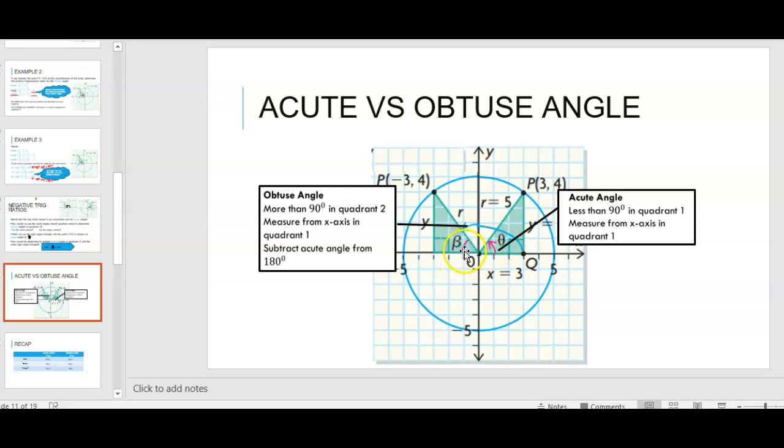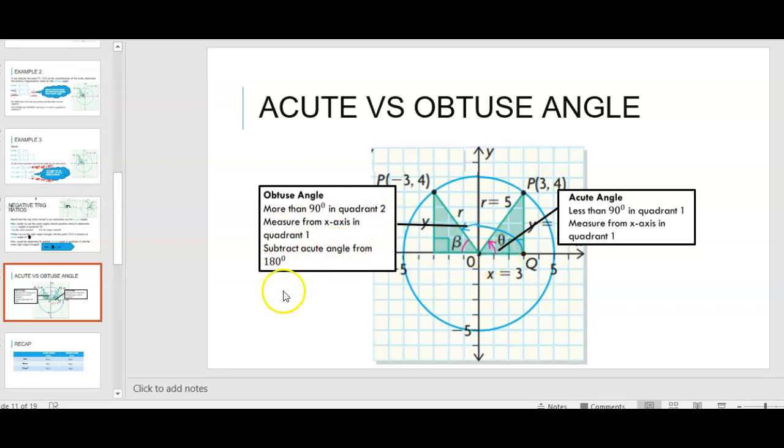Angle theta and beta, we said, are equal to each other. Therefore, the measure of the obtuse angle will be 180 minus the acute angle that we figured out.